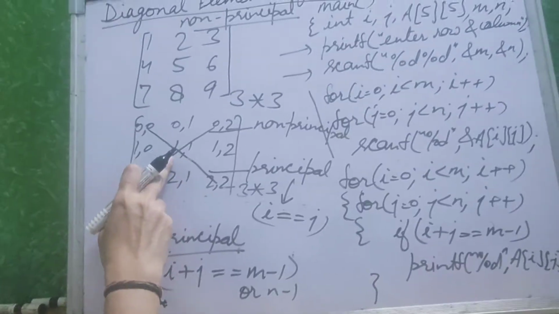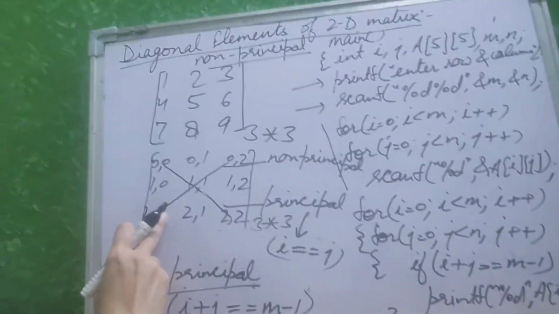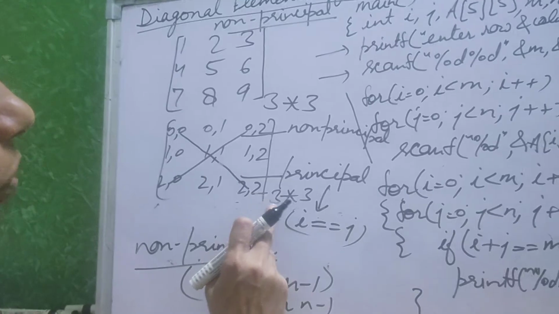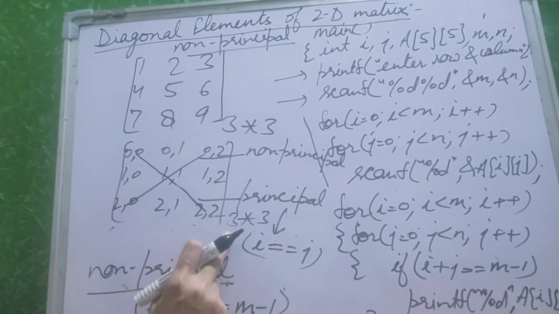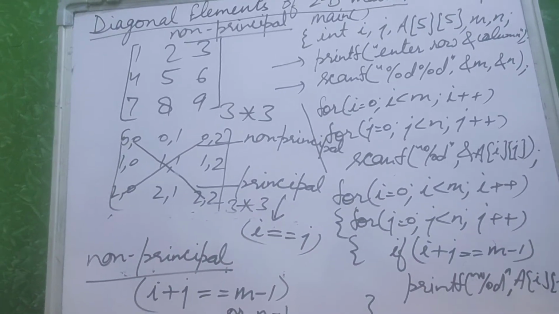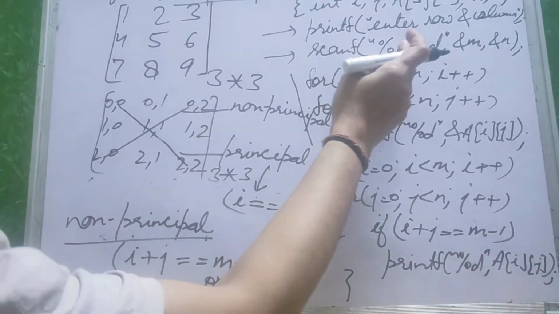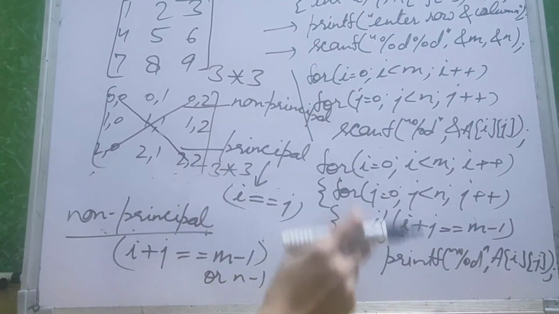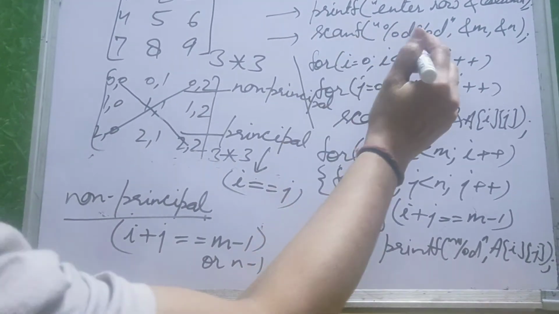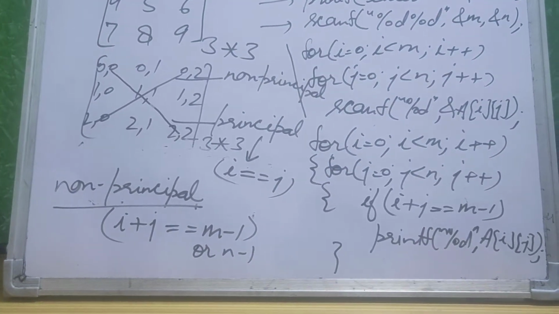As we can check, 0 plus 2 is 2, 1 plus 1 is 2, 2 plus 0 is 2, and that will be equal to 3 minus 1, or we can say 2. For this we can check that the principal diagonal is valid only if rows and columns are equal.